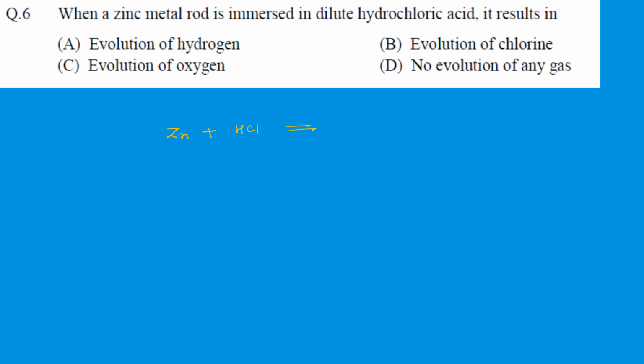So when it reacts, since it is a dilute solution, this will be present in ions, right? So basically what happens is Zn reacts with Cl, and the hydrogen which is there, it is released, right? So it produces ZnCl2 because Zn has 2 plus charge. Okay guys, so these are the two products.